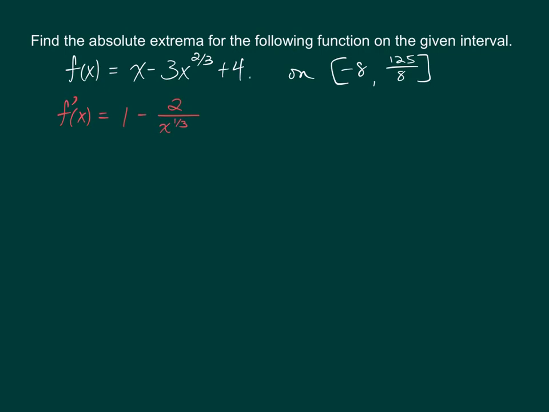Now, before I try setting this derivative equal to 0 and solving for x, I need to notice that there is an x in the denominator, and that means we will have a critical number from this denominator. This is where the derivative is undefined. So if I set x to the 1/3 equal to 0 and solve for x by cubing both sides, I will get that x equals 0.